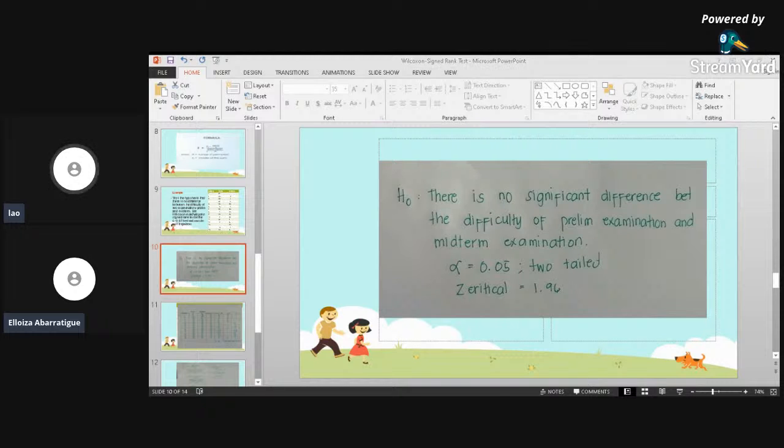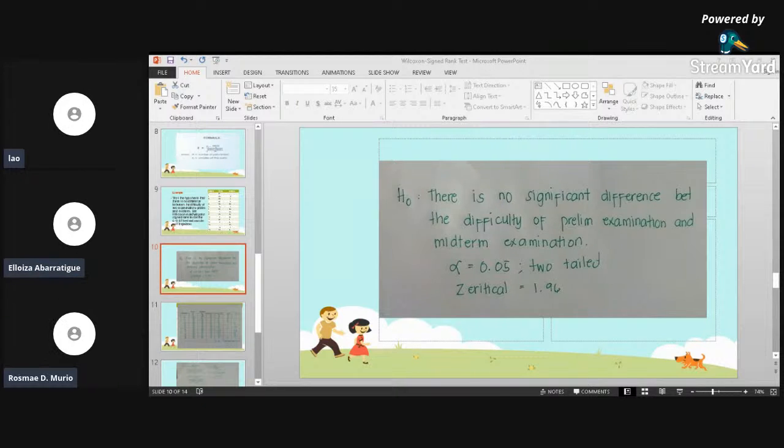Just hold on lang po. Okay. Now, let us proceed to the null hypothesis. And then we're going to maybe call on Ms. Moyo to proceed to discuss this hypothesis. Thank you.